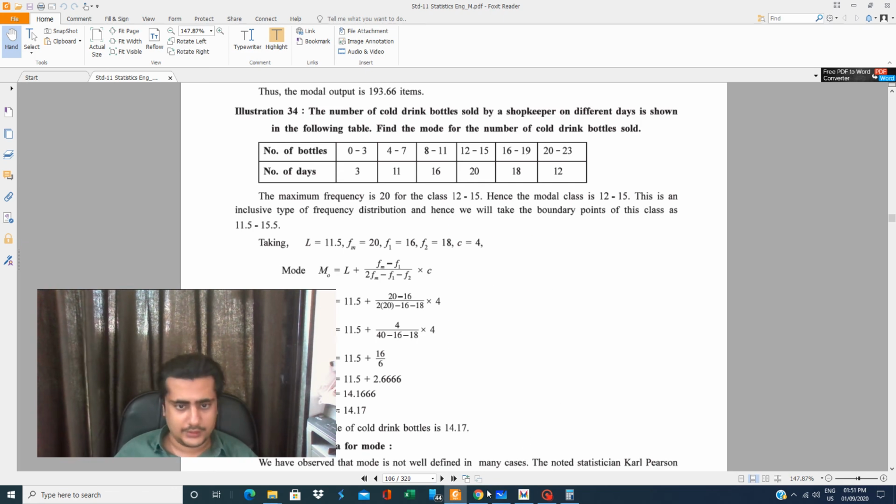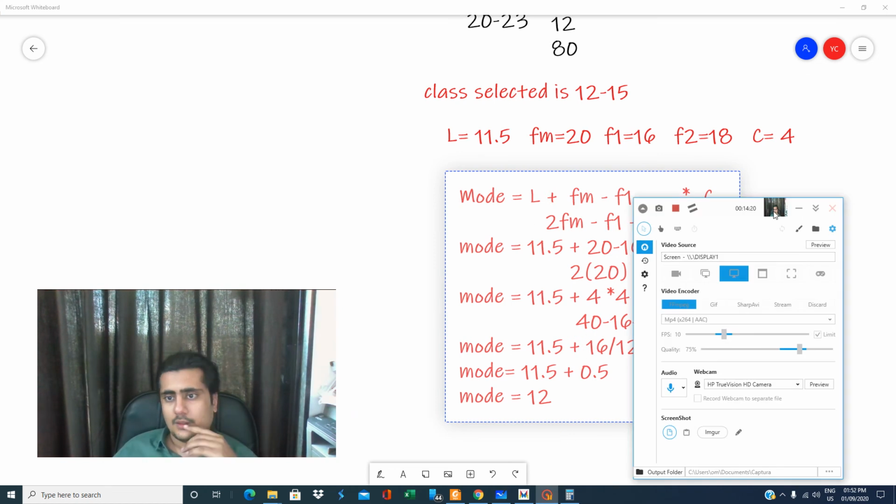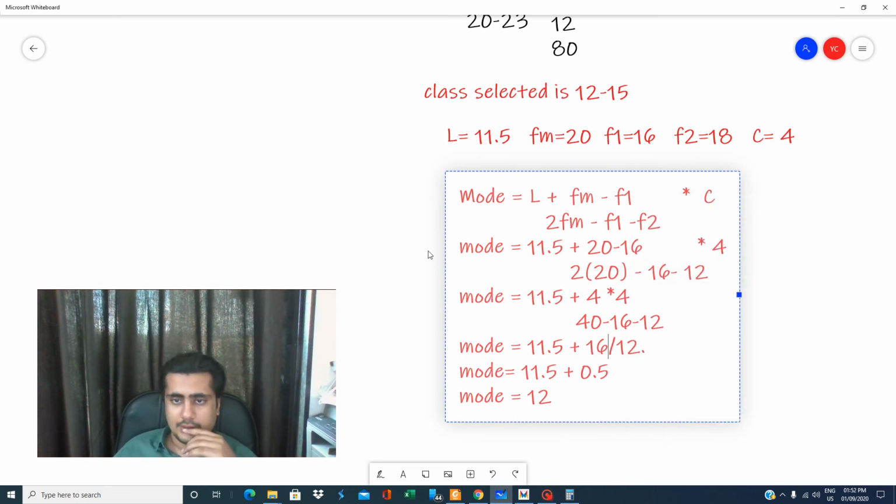Sorry, there may be some mistake. We have made a mistake here. 4 fours are not 6. 4 fours are 16, and your F2 is not 12. Your F2 is 18. So we have made a mistake here also.